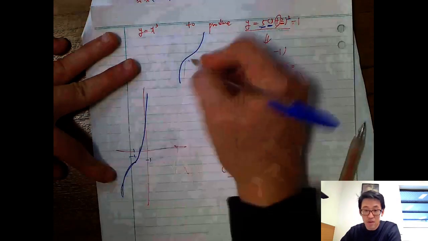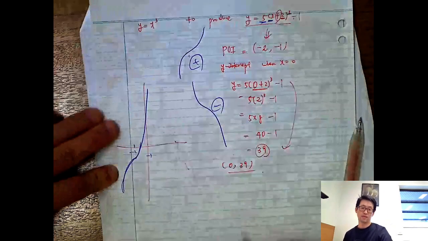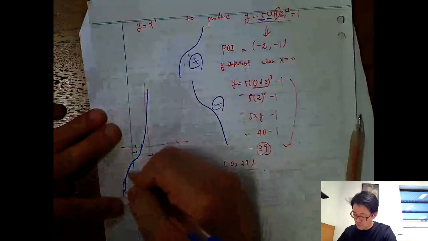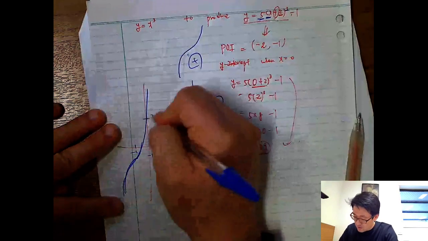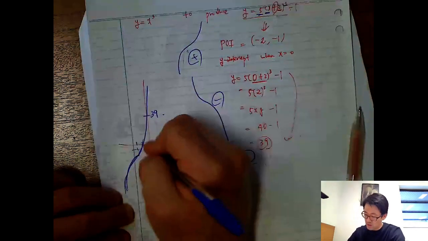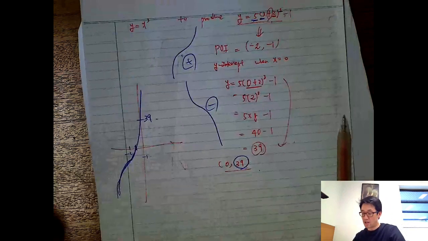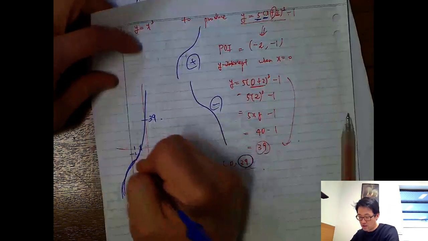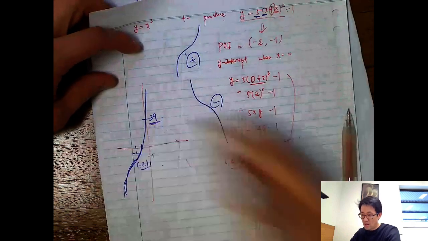I got the shape from here: positive shape, negative 1, negative. And then you should draw a bit better. And the y-intercept is 39. We can get the x-intercept when y equals 0, but in this case they didn't ask, so I'll leave it. I got the point of inflection (-2, -1) and the y-intercept. Done.